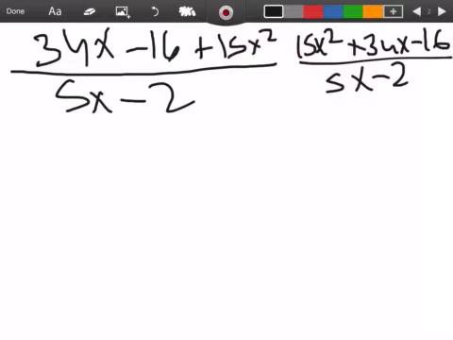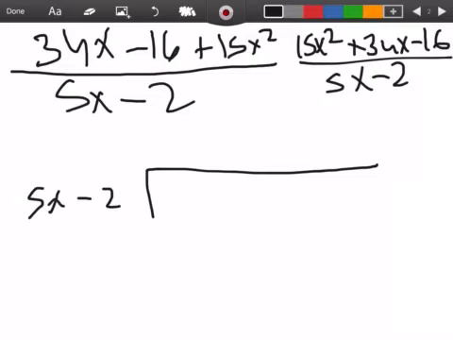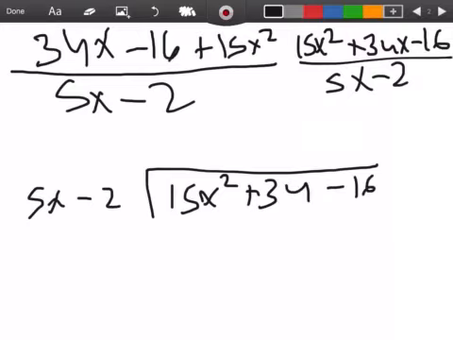And then we would write it like this: 5x minus 2 and 15x squared plus 34x minus 16.